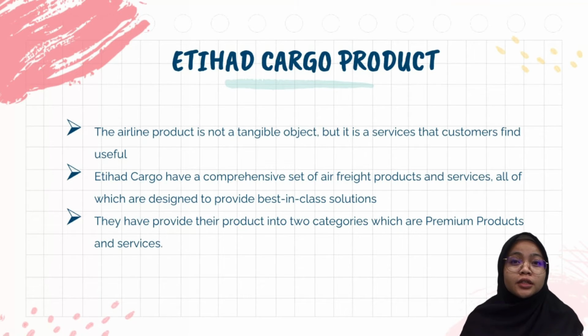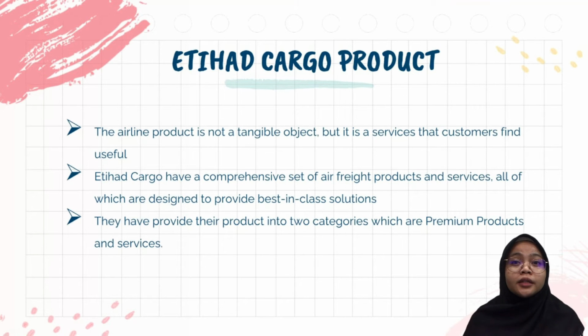This definition is in line with the airline marketing concept, which emphasizes the value of a service that meets specific customer requirements. Just like Etihad Airways, they have a comprehensive set of air freight products and services, all of which are designed to provide best-in-class solutions.